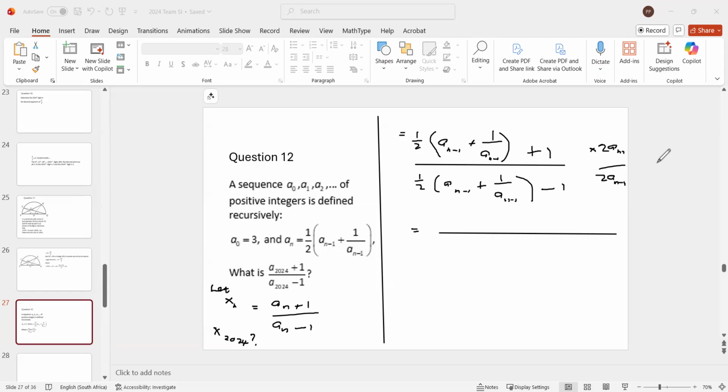That'll give you multiplying by 1, in other words. It doesn't make any change. So when you multiply this by 2, that fraction goes off, and you have to multiply this by an minus 1. What do you have? An minus 1 all squared. When you multiply this by an minus 1, you get 1.